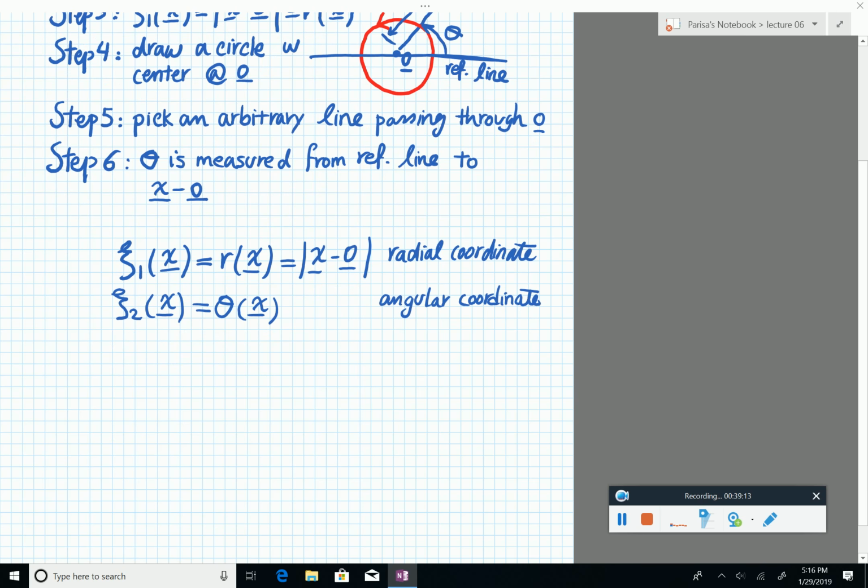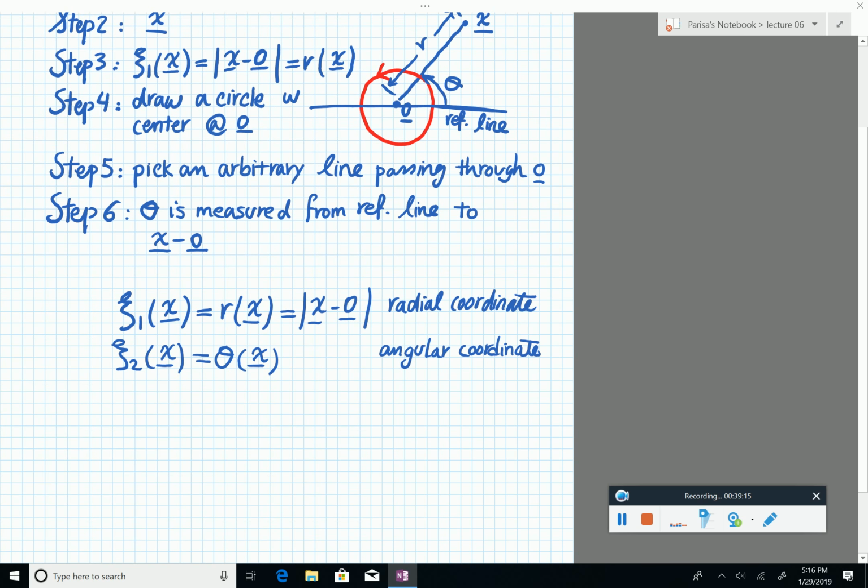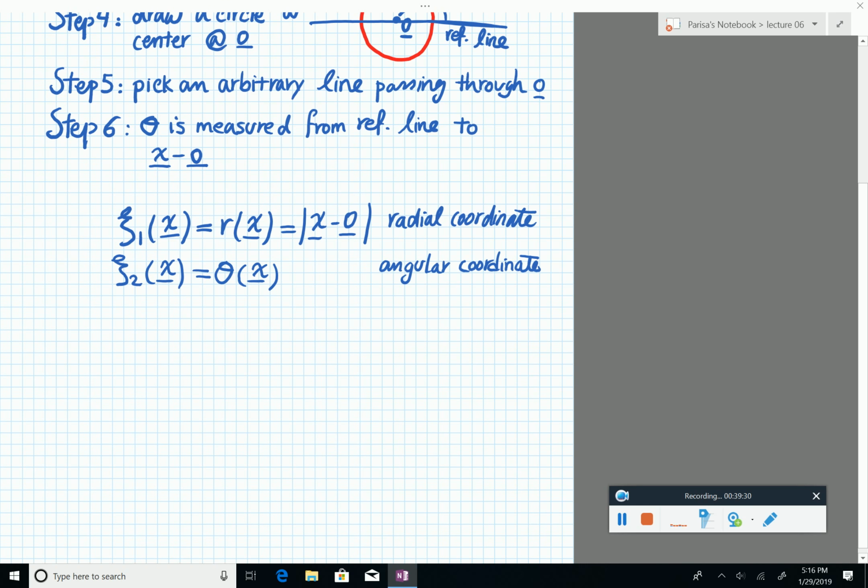And you saw before that for calculating the gradients, one thing which was very useful was the gradient of the coordinate function. So it would be very useful to have that for this coordinate as well.